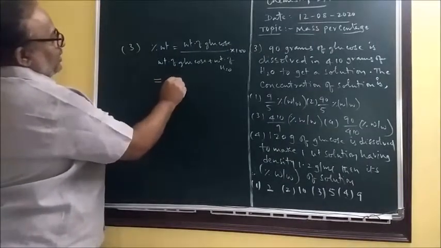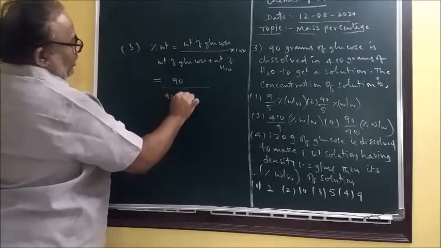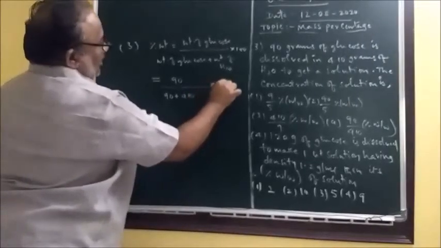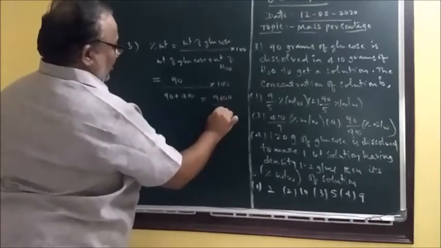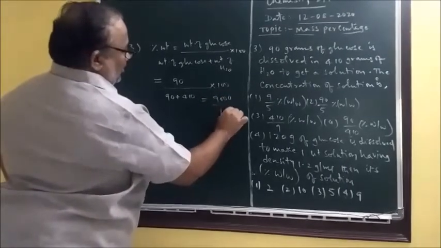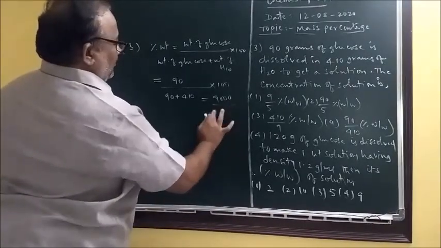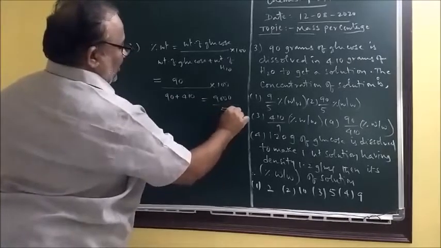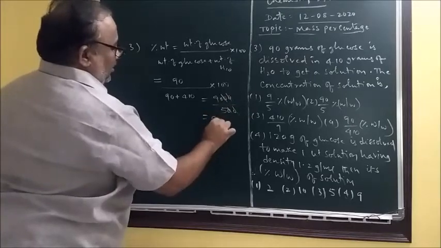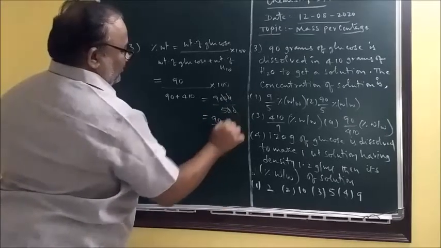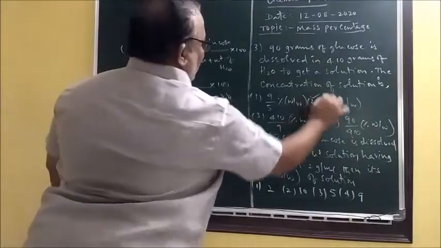So weight of glucose 90 by 90 plus 410 into 100. So this is 9000 by 1000, 9000 by 500. So this is equal to 90 by 5% weight by weight. Therefore second option is correct one.